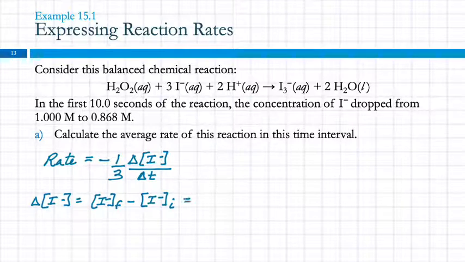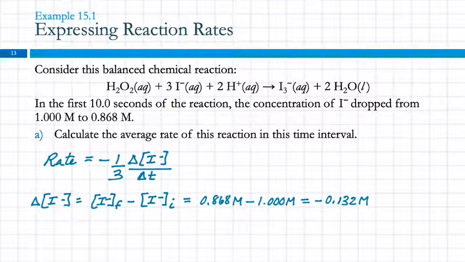So the final concentration is 0.868 molar, and we're subtracting the initial concentration, 1.0 molar. And so if I do that on my calculator, I get negative 0.132 molar. That's the change in the concentration.